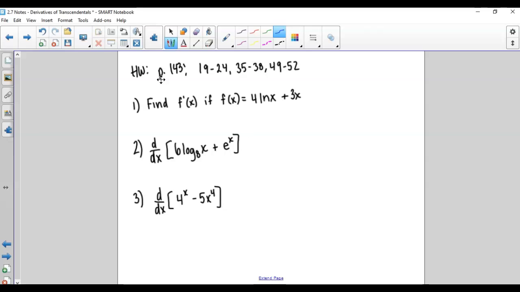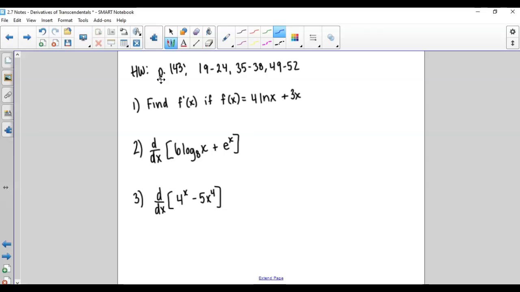For 35 through 38, there you are getting the slope of a tangent line for those problems. And then for 49 through 52, you're just finding the derivative again. These are going to be a little bit more difficult than the ones that you have in 19 through 24.